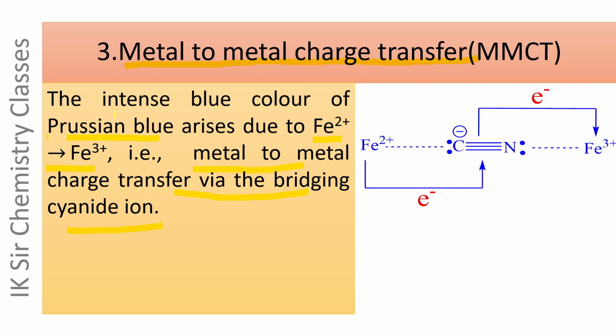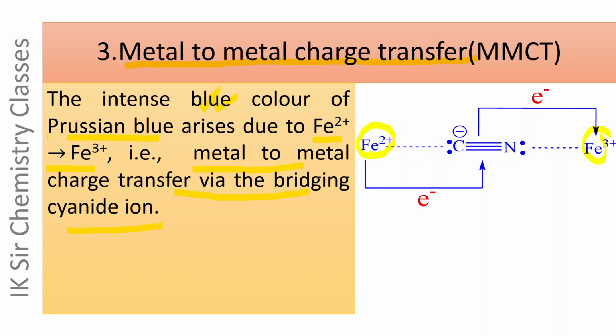Prussian blue has intense blue color, and this color arises due to Fe2+ to Fe3+ electron transfer, that is metal to metal transfer via the bridging cyanide ion.